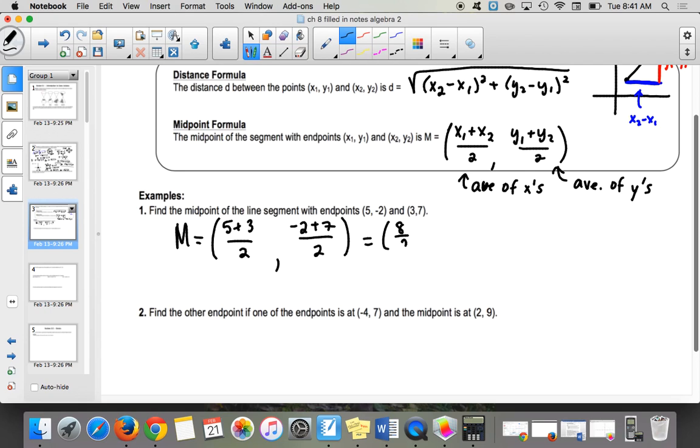So I get 8 divided by 2, and 5 divided by 2. So it's 4 and 2.5, or you can write 5 over 2. Okay, it should make sense. It's the number that's halfway between the x's and the number that's halfway between the y's. So between 5 and 3, doesn't it make sense that it's 4? Between -2 and 7, it's 2.5.